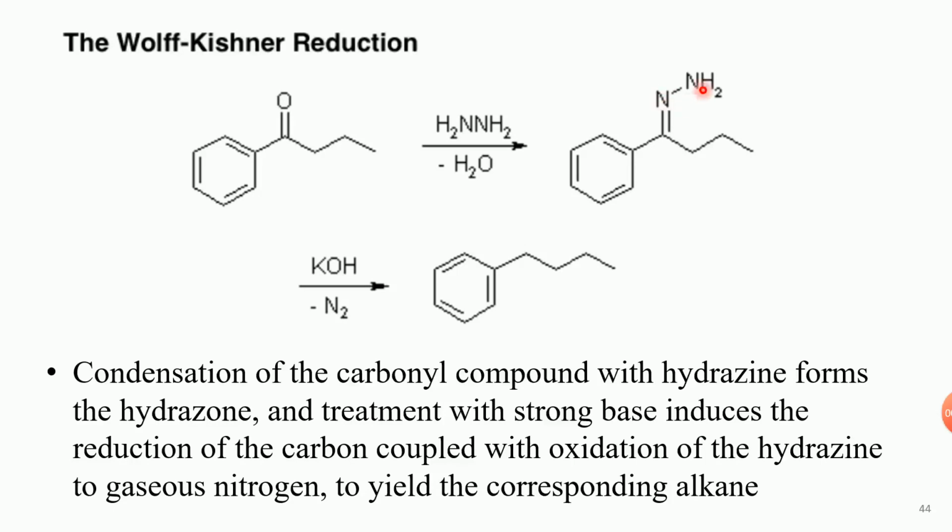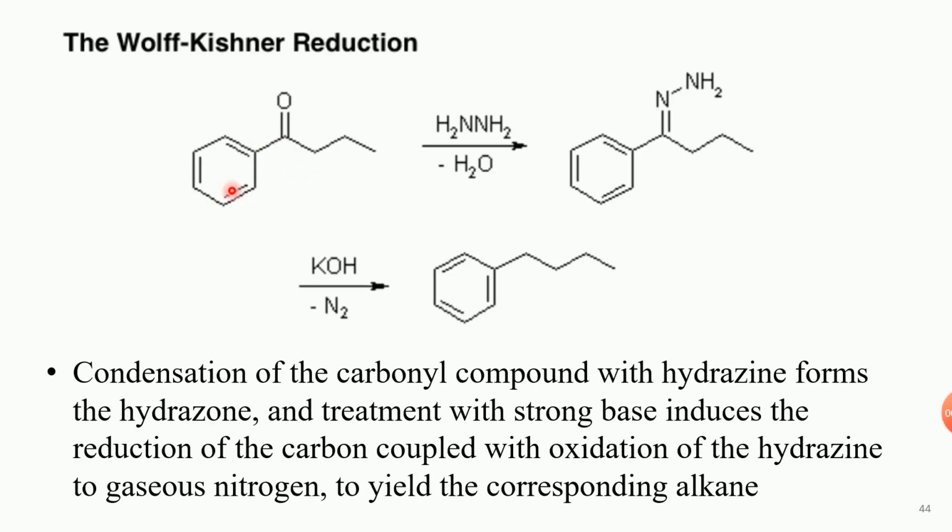The hydrazine moiety, this nitrogen bonded with two hydrogens, after oxidation loses the hydrogen and only nitrogen gas is released in the reaction as a byproduct. So oxidation of the hydrazine moiety and reduction of the carbonyl carbon is taking place in Wolff-Kishner reduction.